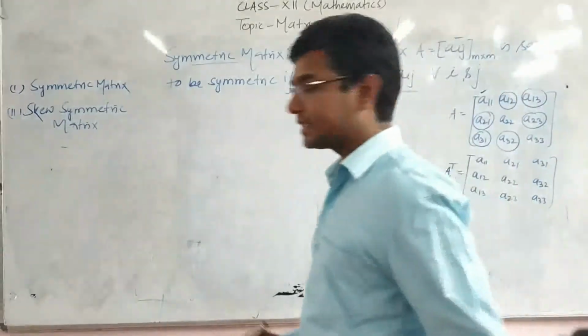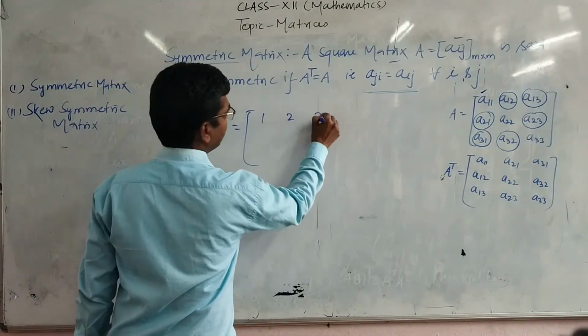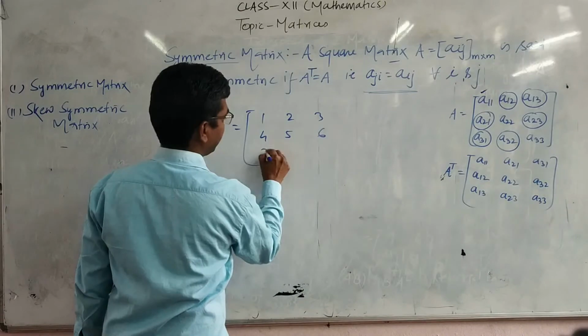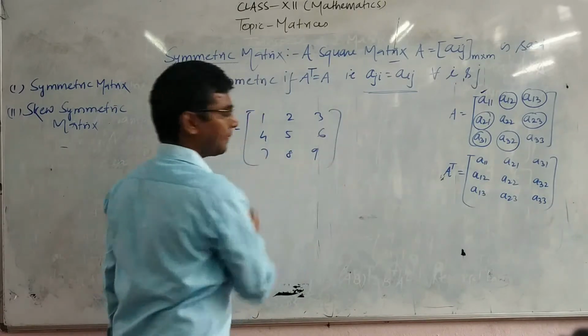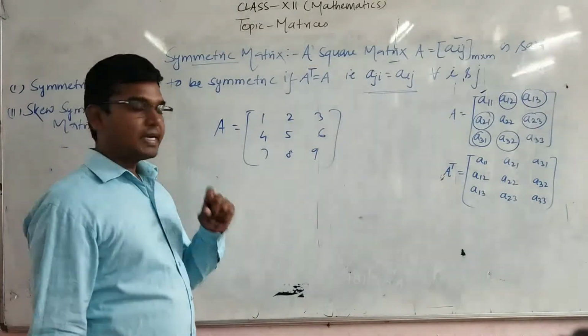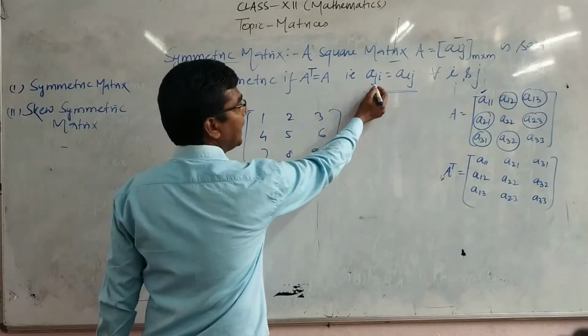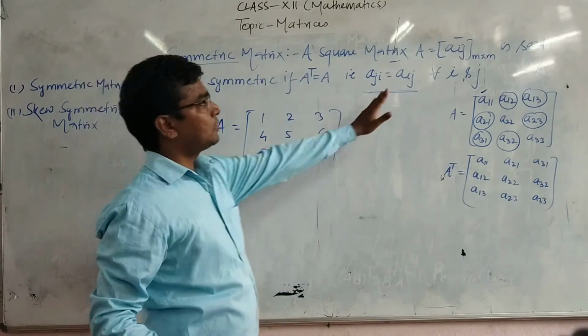Let us take an example. A is any matrix: 1, 2, 3, 4, 5, 6, 7, 8, 9. If you want to make this matrix a symmetric matrix, according to the rule, the element Aji must be equal to Aij.